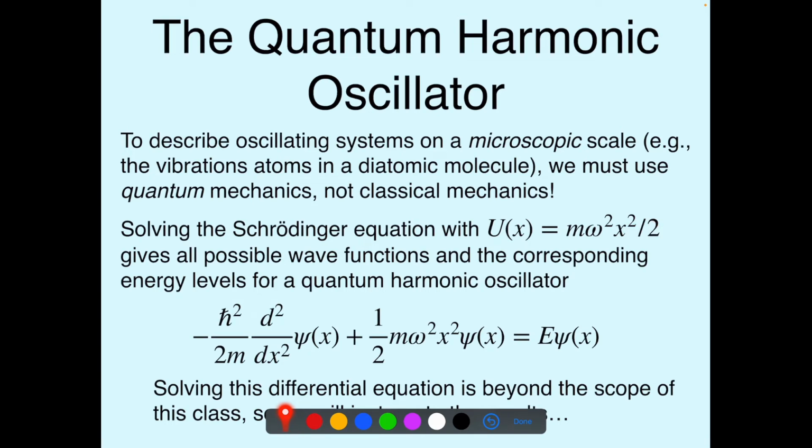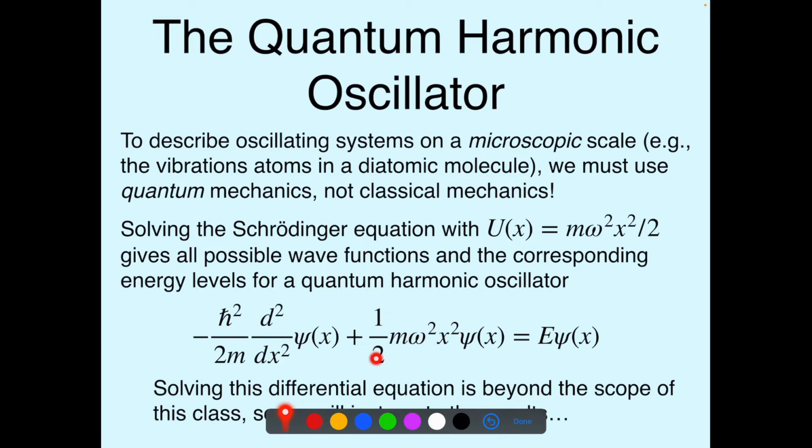And if we plug that into the Schrodinger equation, we can solve for all the possible wave functions and all of the corresponding energy levels for what's called our quantum harmonic oscillator. So here's what the Schrodinger equation looks like. Remember, we have minus h bar squared over 2m times the second derivative with respect to x of our wave function psi of x plus 1/2 times m omega squared x squared.